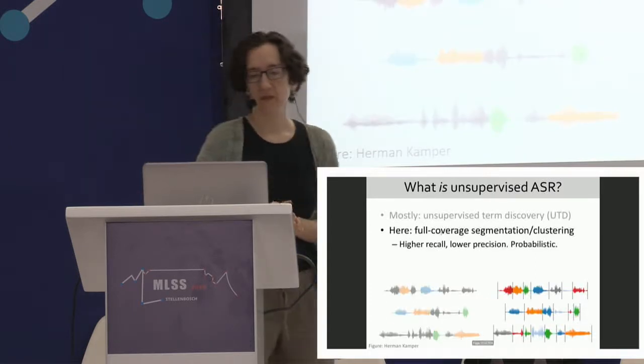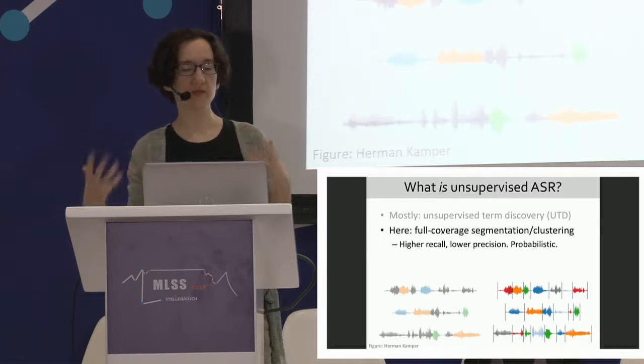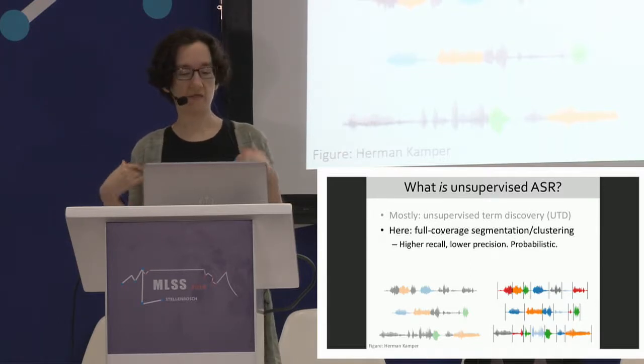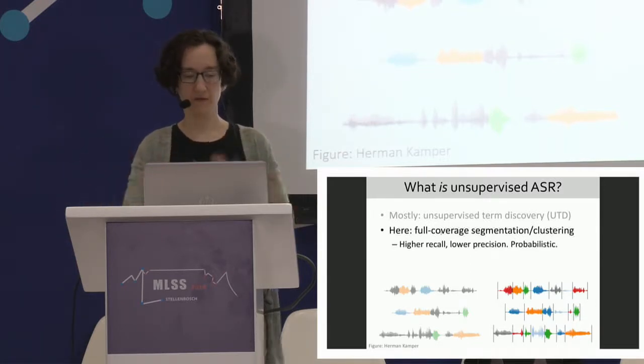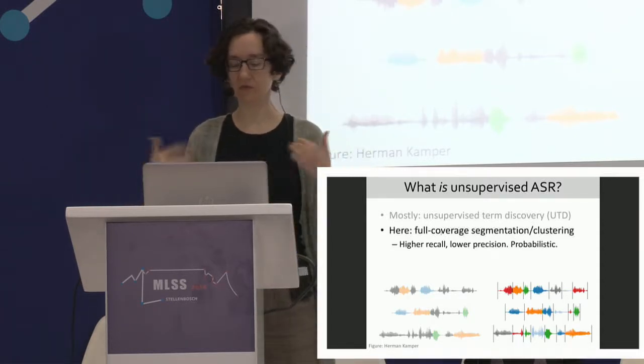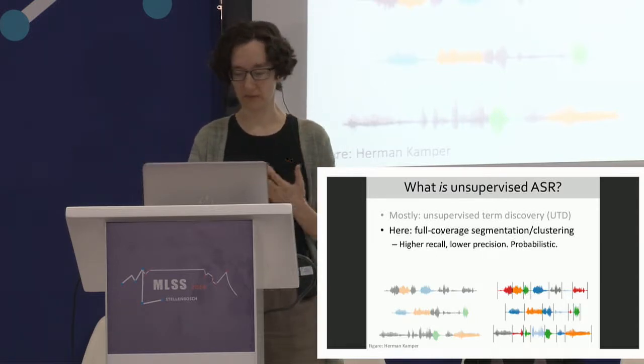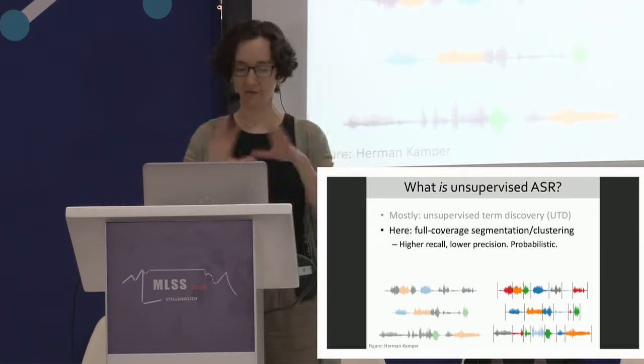What I'll be talking about, at least in the first part of this talk, is a slightly different approach, where we're trying to be a little bit more ambitious. Rather than ignoring lots of the data as background, we wanted to come up with something as close as possible to a real supervised system, which is basically a full coverage system.